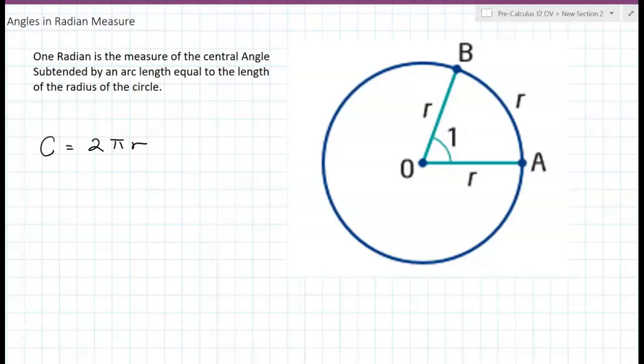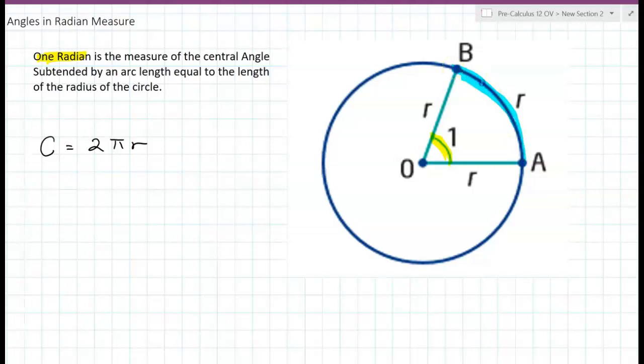Alright, so first the definition of a radian measure is 1 radian is the measure of the central angle. So this is the central angle right here, the central angle in a given circle, where the arc length, this is the arc length right here, BA is called the arc length.